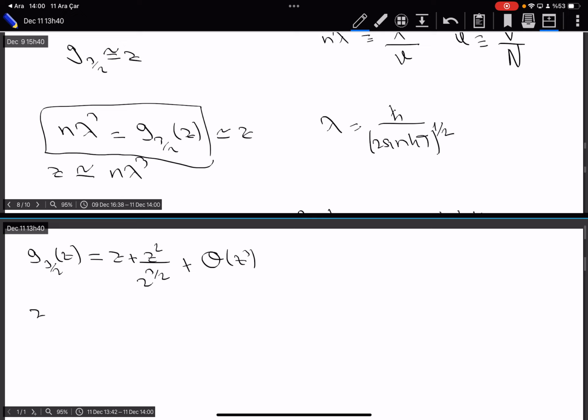Now z, we already know that at the zeroth order approximation, is n lambda cubed. Let me find the correction to this one. I'm already looking at the limit when n lambda cubed is small, but not very, very small.